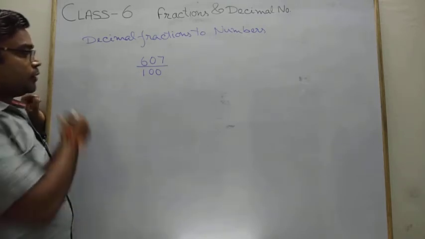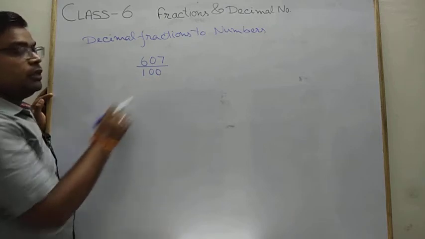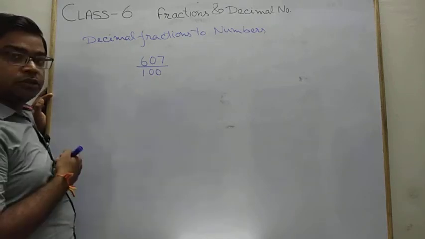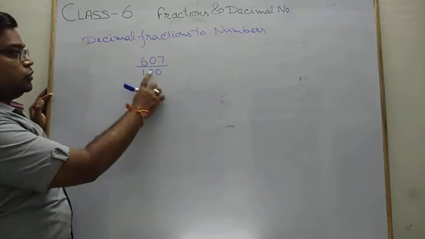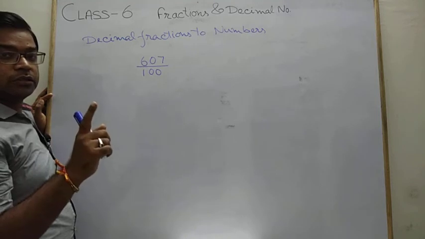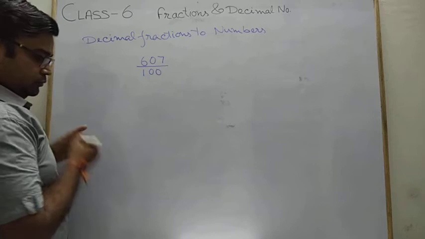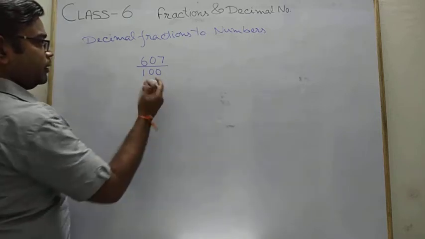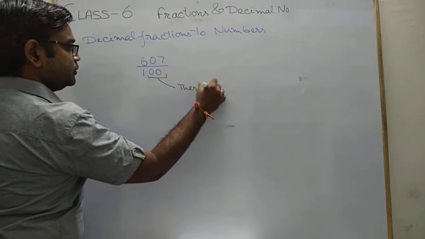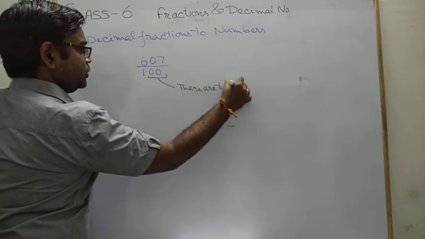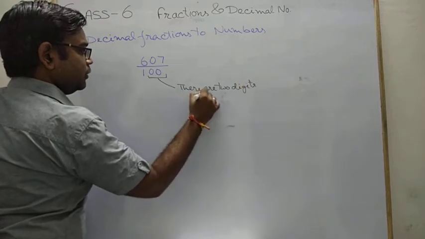For that we count the zeros in this denominator part. Here we have 2 zeros. It means there are 2 digits after the decimal.